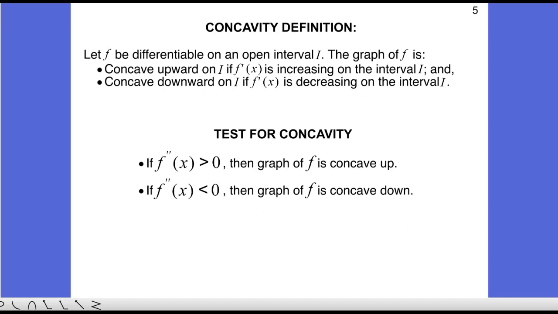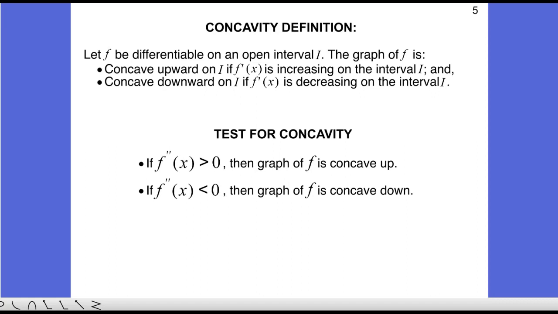So if we're talking about a function's increasing or decreasing behavior, we're talking about a positive or negative slope or first derivative. In this case, we're talking about whether f prime is increasing or decreasing. So it makes sense for us to take the first derivative of the first derivative.